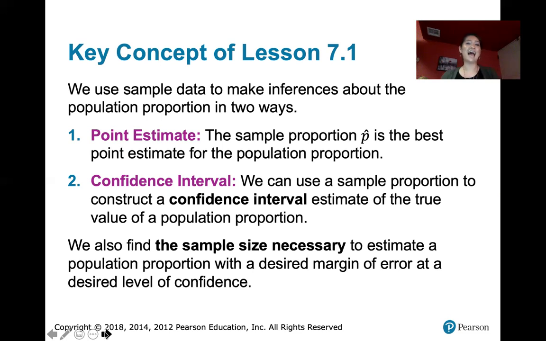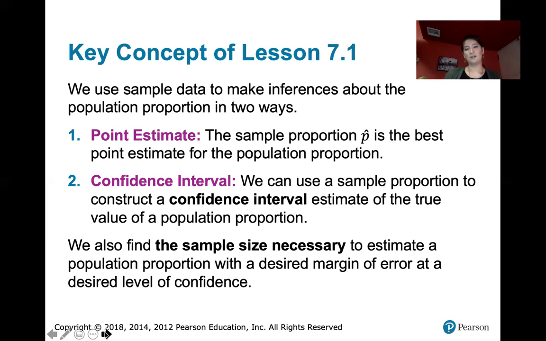And then lastly, after discussing point estimates and then confidence intervals, which is an interval that allows us to estimate the true value of that population proportion, we're going to say, okay, what if I know what my margin of error ought to be? And what if I know what my desired level of confidence is when I come up with my confidence interval?